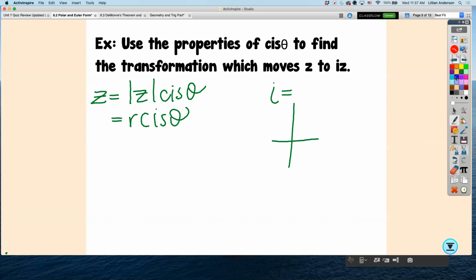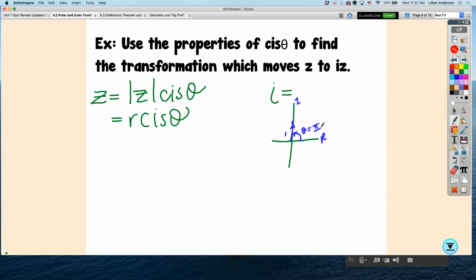It will correspond to what if I were to look at an Argand plane? Not the horizontal axis, it'll be the vertical axis. That would have a modulus of what? A little louder. 1.